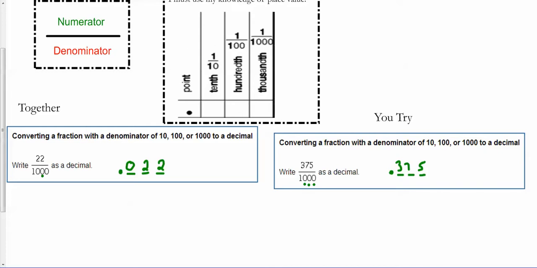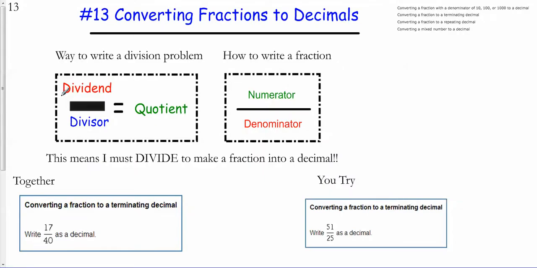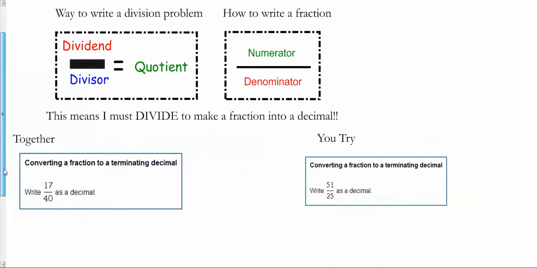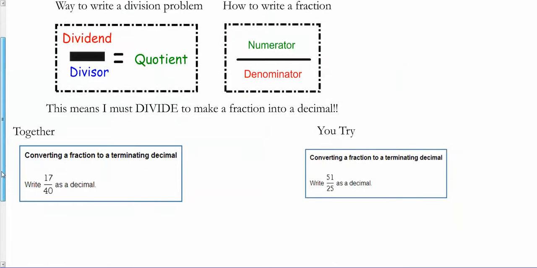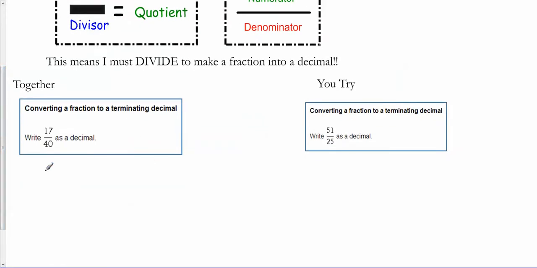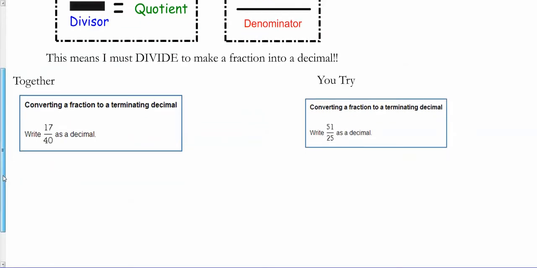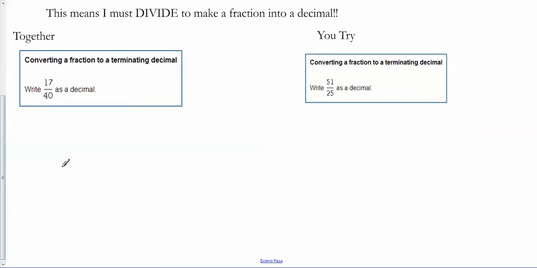Okay. All right, so let's get a little bit more complicated here. Okay, so we have a couple different terms. Terminating decimal. Okay, terminating means to stop. If something is terminated, it stops. Okay?